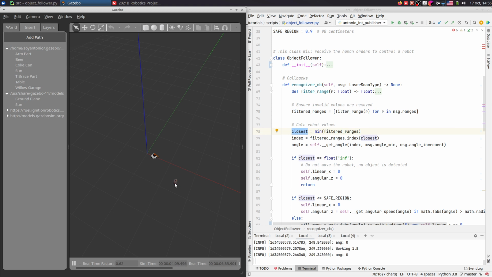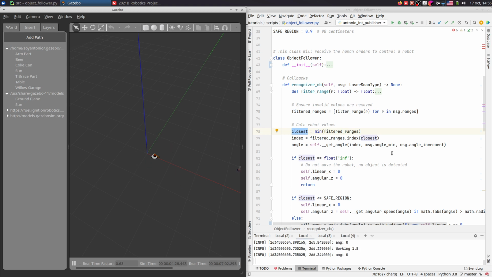Once we get the index, we are going to use the index information to calculate the angle. Calculating the angle is simple because we know that in the opposite direction of our arm we have negative 180 right here, and we finish with 180.